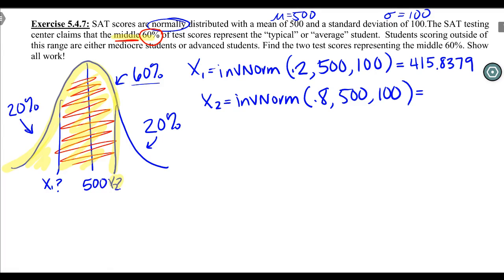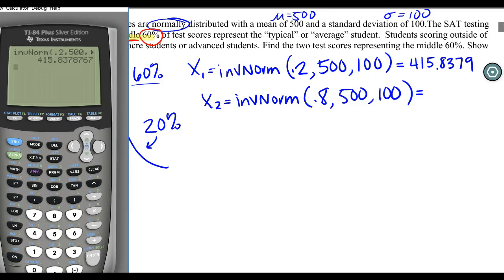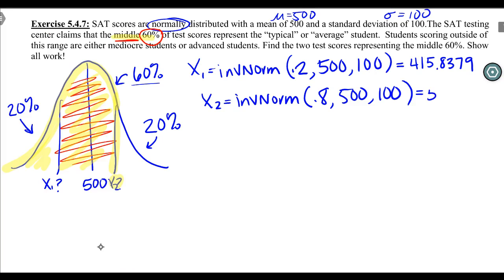For the second value, I'm going to use that trick I showed you guys in a previous video. If I do second and then the enter button, it brings back what I last typed, and I can just change this 0.2 to a 0.8. So the other side is 584.1621.